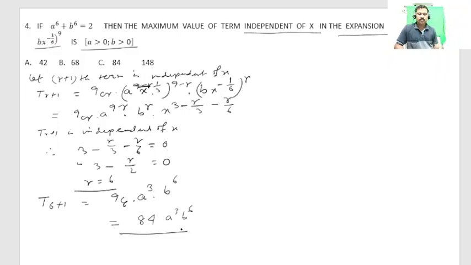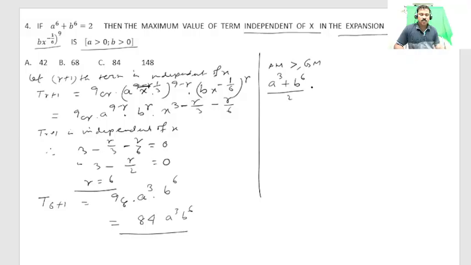Okay, we write here, as we know, AM greater or equals to GM. So for a cube and b to the power 6 by 2 greater or equals to square root of a cube b to the power 6.